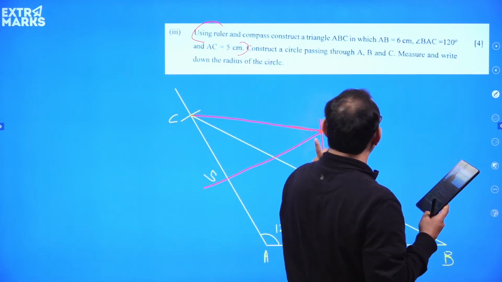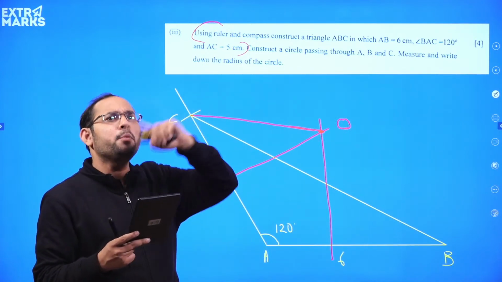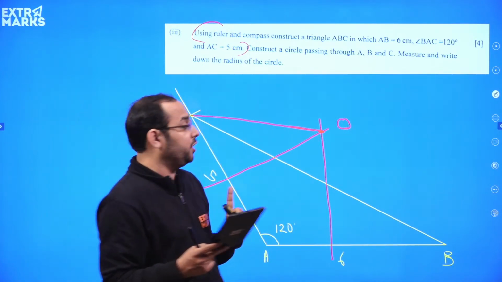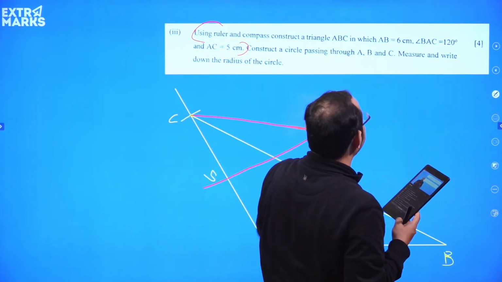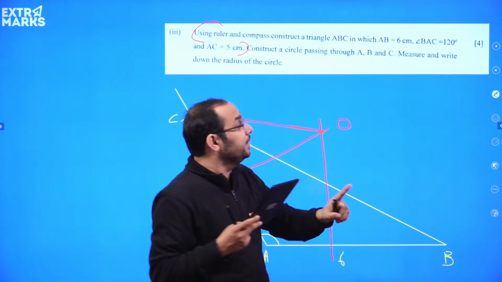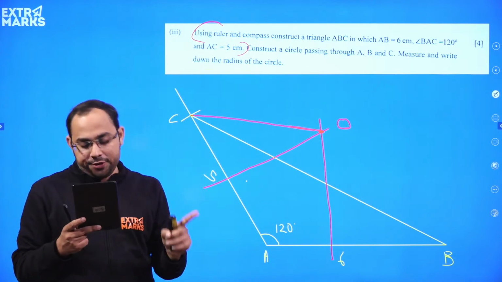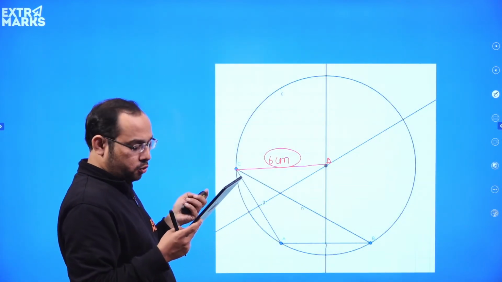So construct this. Now don't construct 120 degrees with a protractor, that you will lose marks for. After drawing the triangle, construct a circle passing through. For that, draw the perpendicular bisector. You were supposed to find the radius. If you have not found the radius, you will lose marks. But for steps of construction, no marks are lost.